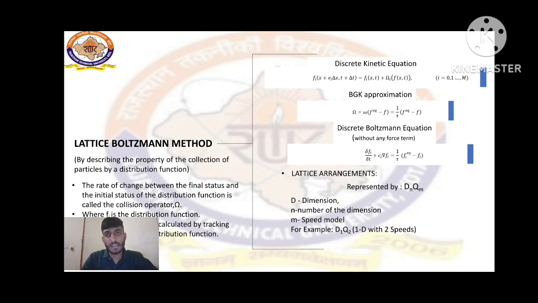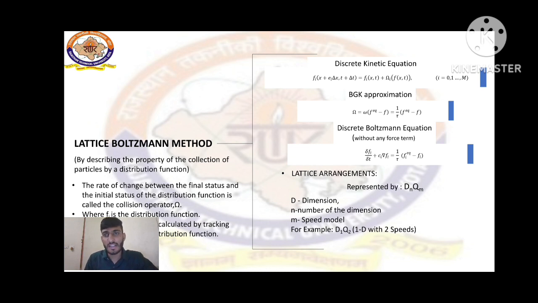Going ahead, let us see how the equations of the Lattice-Boltzmann method work. Over here we see the discrete kinetic equation. As I said, the Lattice-Boltzmann method is a mesoscale approach, derived from the kinetic equations, or lattice gas automata.